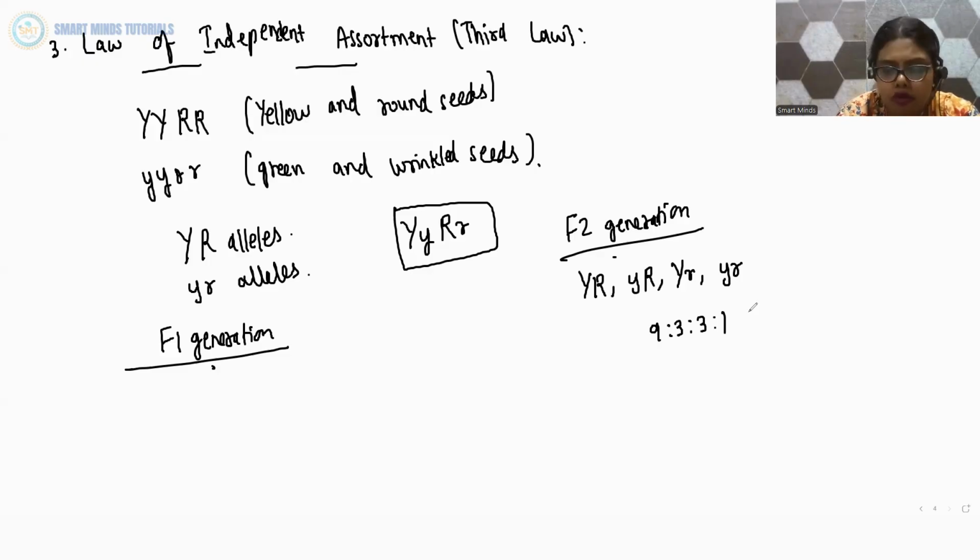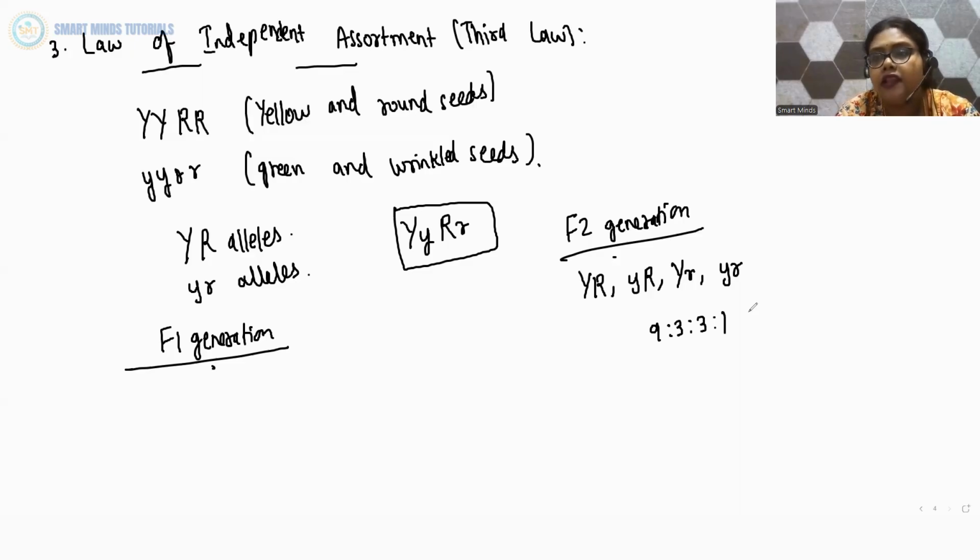The phenotypic combinations of yellow wrinkled and green round seeds were not present in the parents. Hence, they portray new combinations. This indicates that seed shape and seed color genes are sorted independently. The F2 generation plants show that the capital Y and capital R alleles of the yellow round seed and the small y and small r alleles of the green wrinkled seed were not inherited together as units.